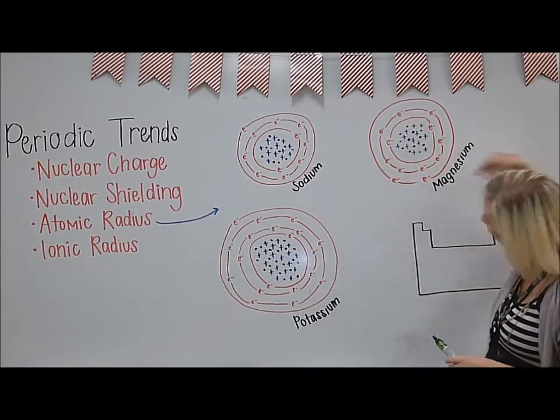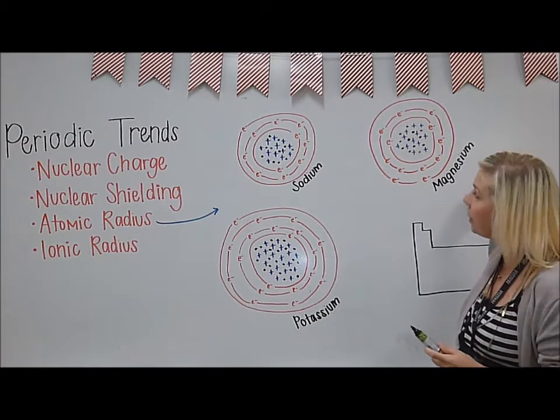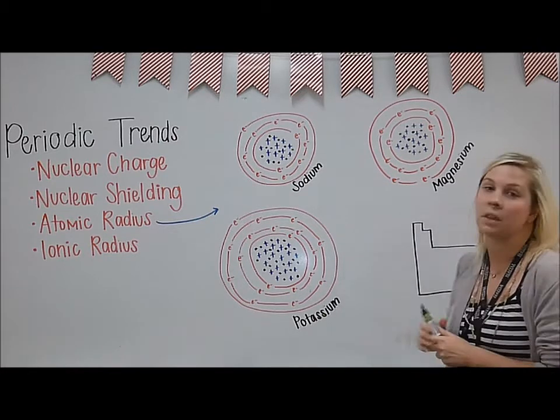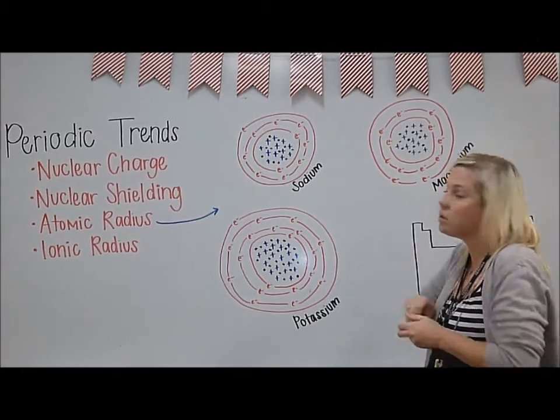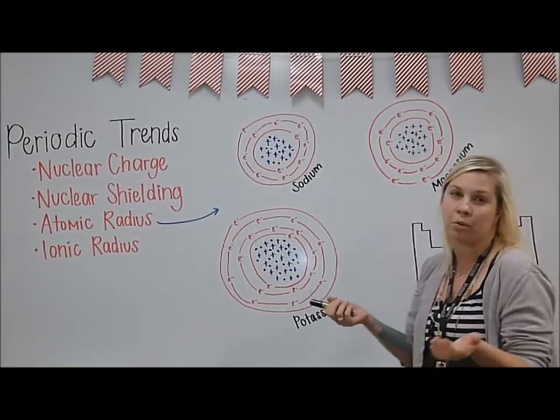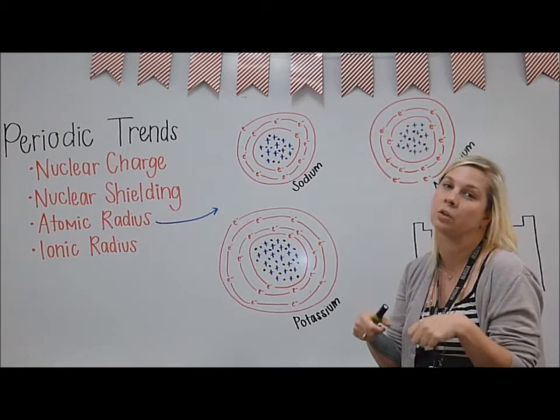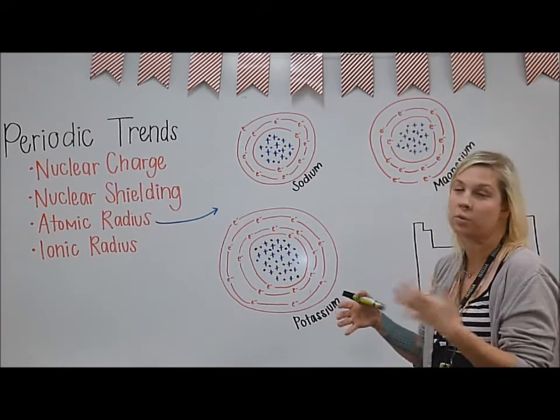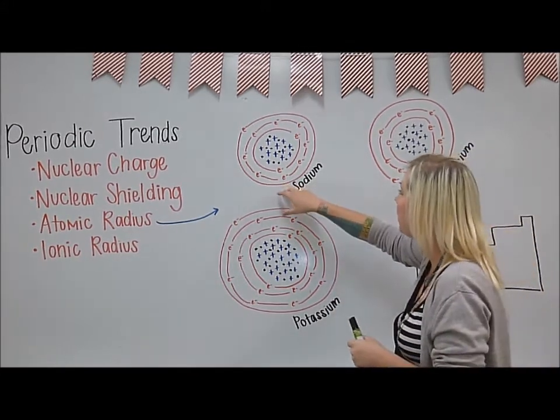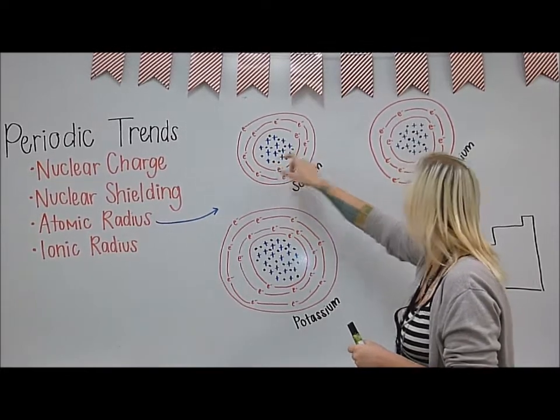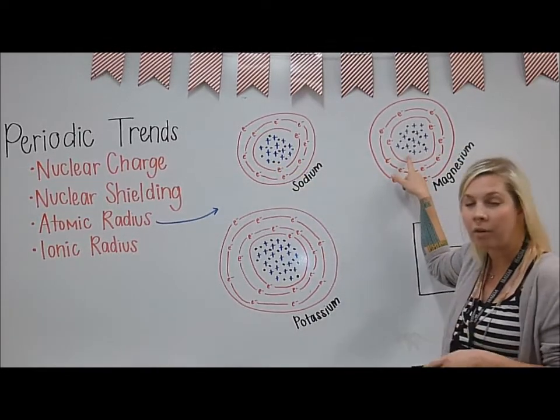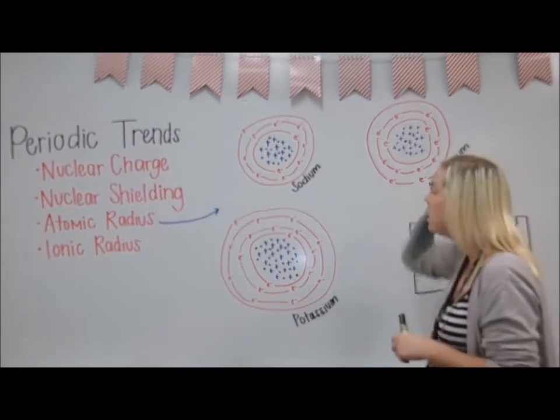If you're going across a period, okay, then we're going to focus on the nuclear charge. So this one goes back to that idea of how many protons do you have and how great of a pull in towards the nucleus do you have because of those protons. So sodium here has 11 protons and magnesium has 12 protons in the nucleus.